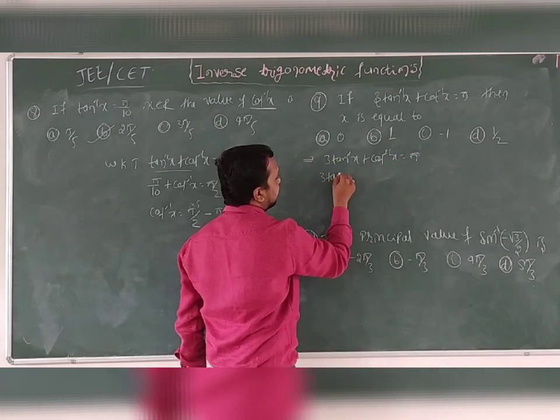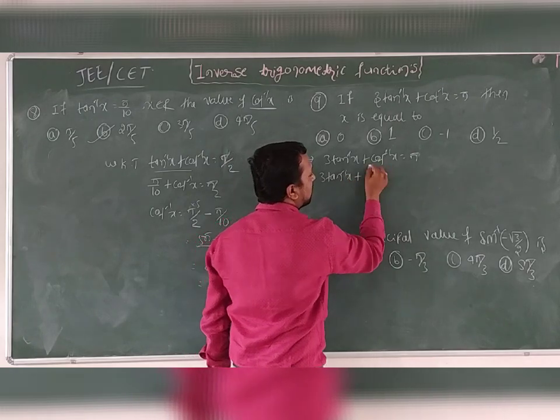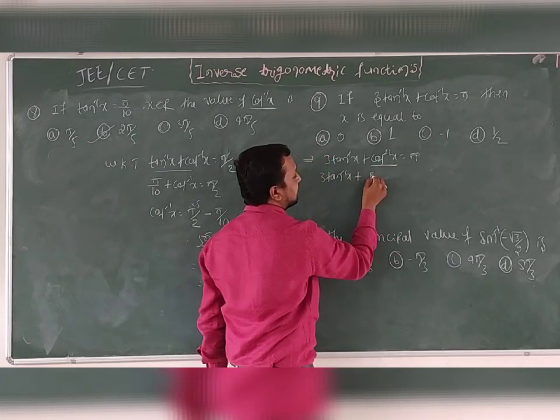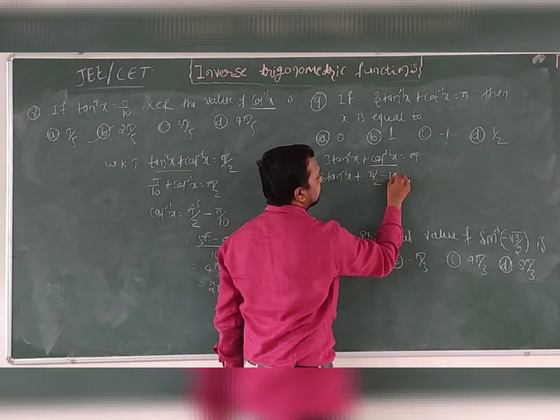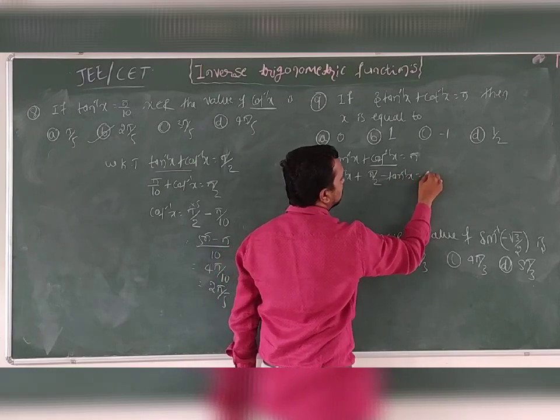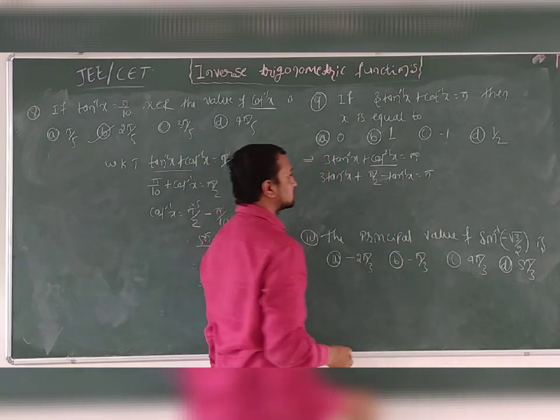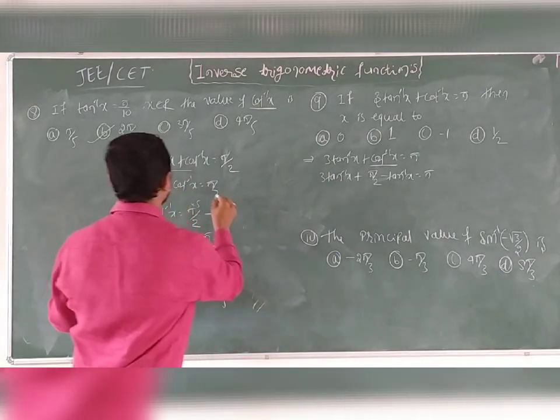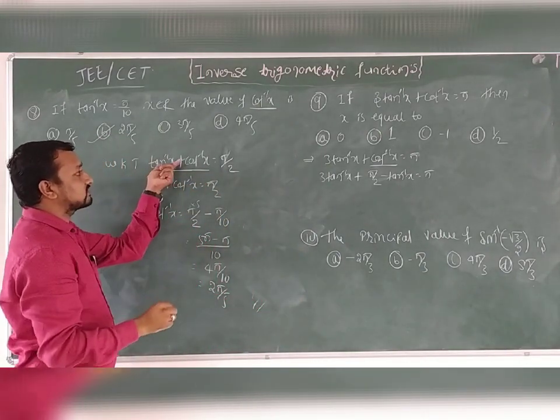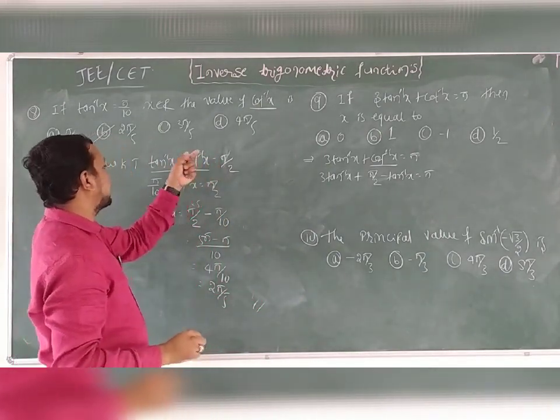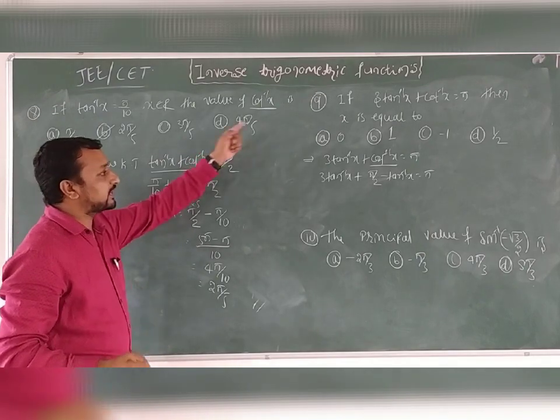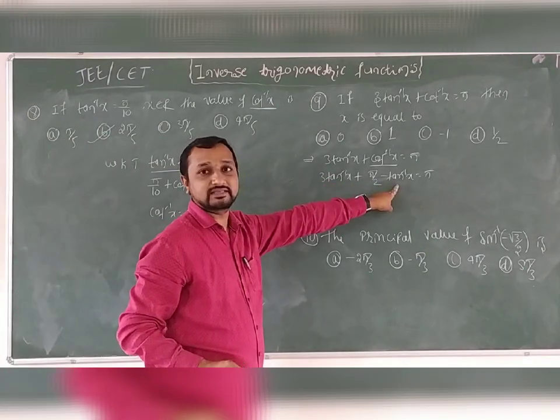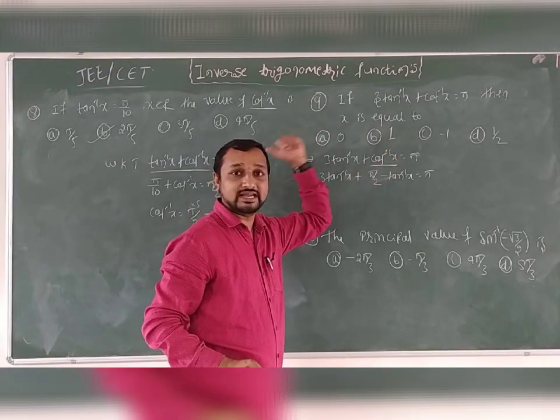The cot inverse function I can write as pi by 2 minus tan inverse x, and this is equal to pi. It is right because we know the relation: tan inverse of x plus cot inverse of x equal to pi by 2, and so cot inverse of x equals pi by 2 minus tan inverse of x.